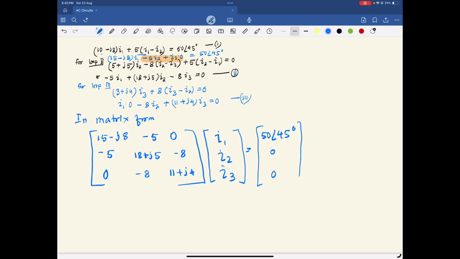In the V matrix, in the first equation we have the value of voltage, and in the other 2 equations it is 0. We have to find del 1, that is the determinant, del 1, del 2 and del.